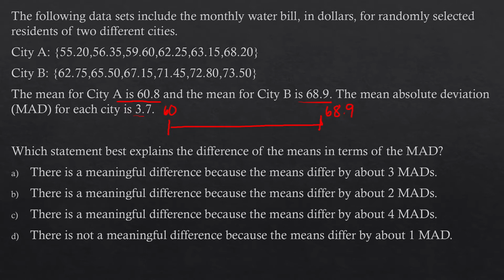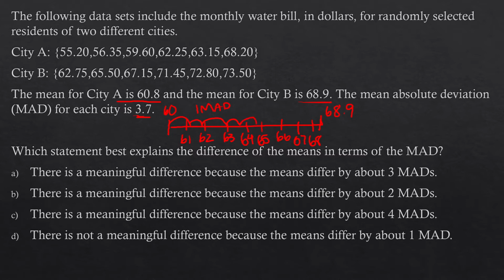So if I'm traveling 3.7, let's see, so here we have 61, 62, 63, 64, 65, 67, 68. I'm going to put 68 here because this is very close to 69. So from here to here is 1 MAD.